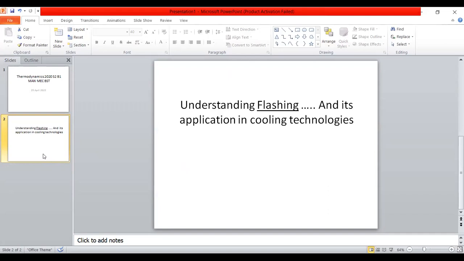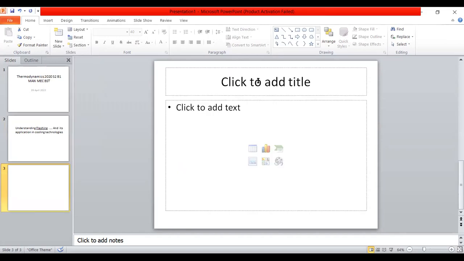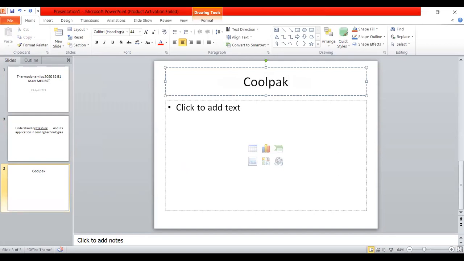let me suggest you to download the software. This is not about flashing. CoolPack. This is from the university DTU, the Technical University of Denmark.